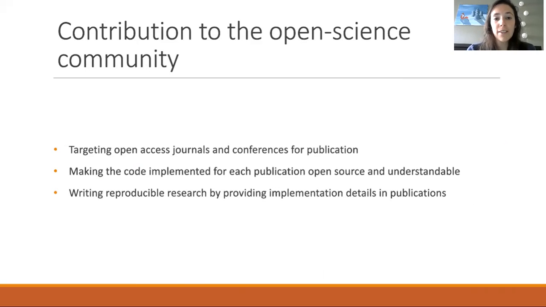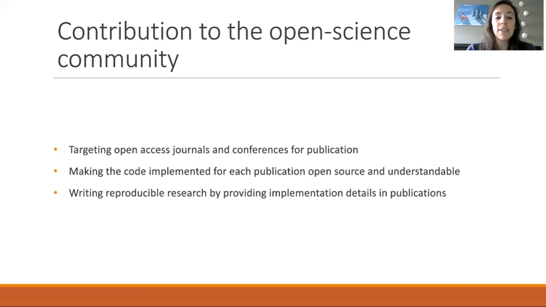During my project, I've been trying to contribute to the open science community. And to do so, I've been mostly following these 3 bullet points here. The first one consists in targeting open access journals and conferences publishing proceedings online.